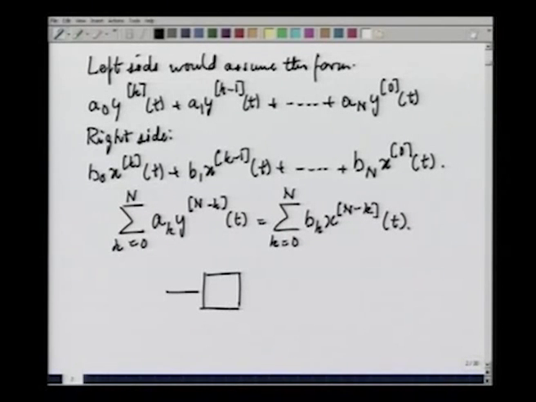You apply to it a function like x of t, and what you get is x 1 of t. This is a block that we will identify with this symbol inside.